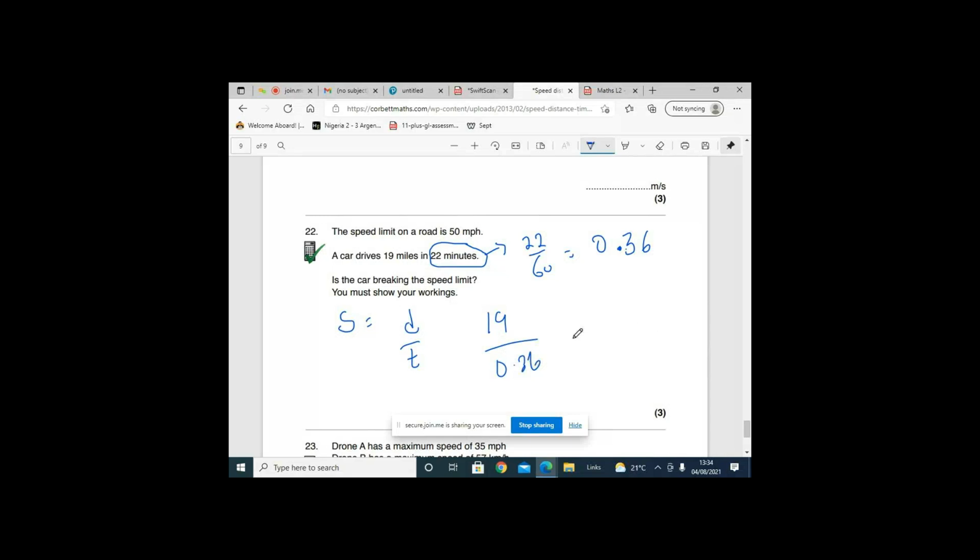That's going to be 51.81 miles per hour. The speed limit is 50 miles per hour, but this person is traveling at 51.81 miles per hour. That tells you he's breaking the speed limit, because 51.81 is more than 50 miles per hour.